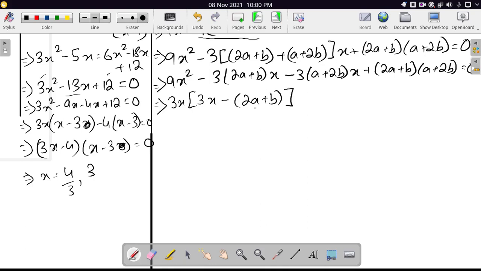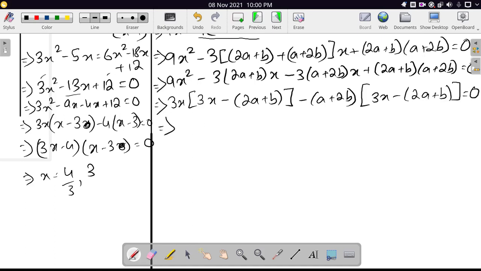And from the second expression, we can take a+2b common. That is the only common thing here and here. A+2b, a+2b. That is the only two repeating terms, right? So if you take a+2b common, it will be 3x − (2a+b). Simple. That is equal to 0.